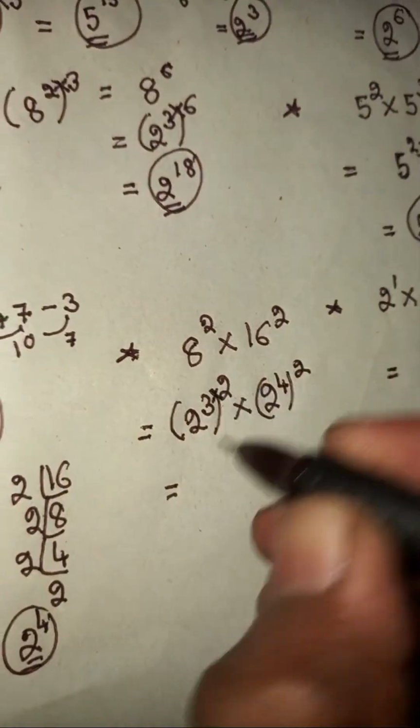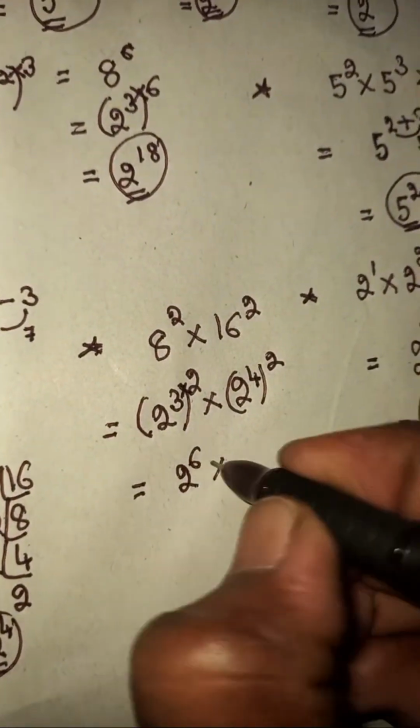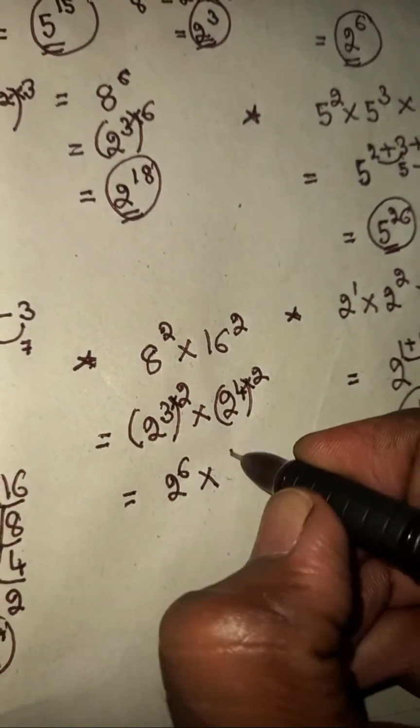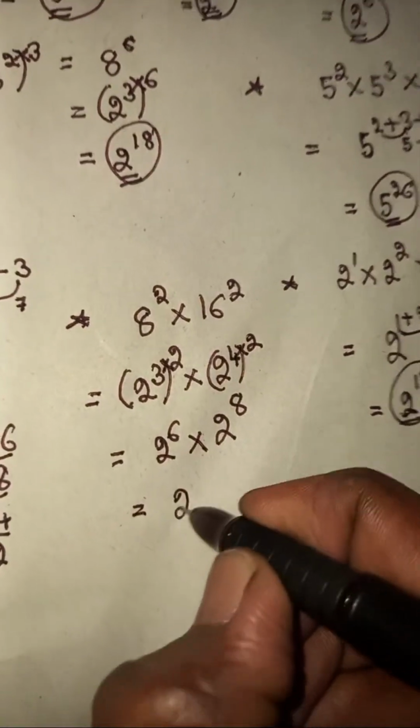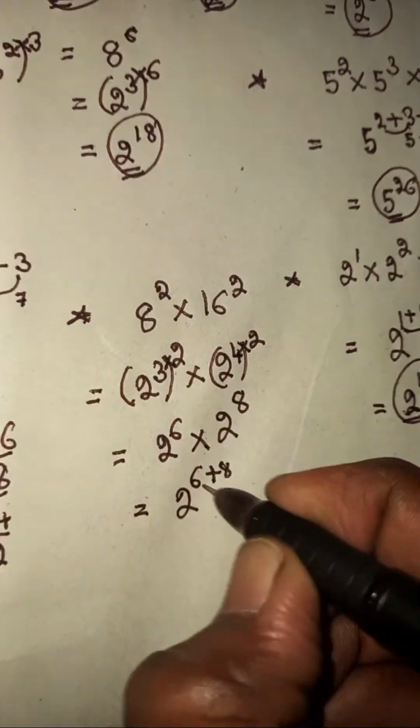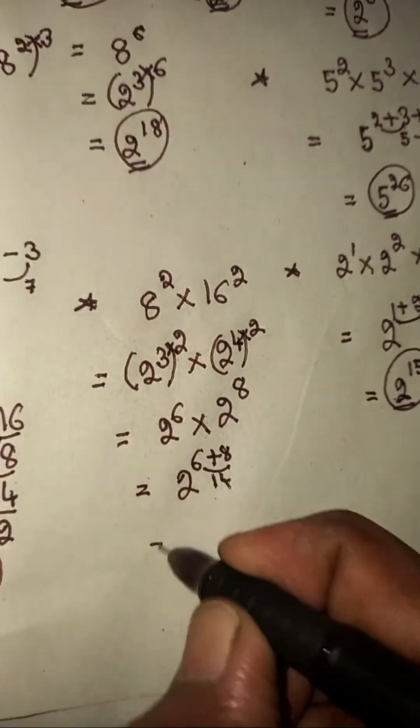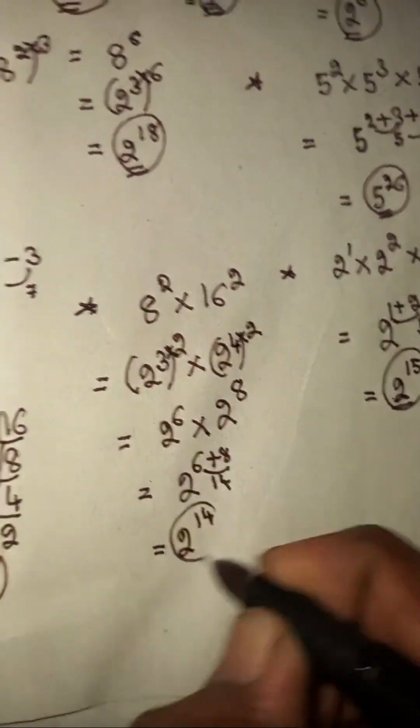Here multiply, 3 times 2 is 6, 2 power of 6 times 4 times 2 is 8, 2 power of 8. You're going to get it as 2 power of 6 plus 8, which becomes 14. So it is 2 power of 14.